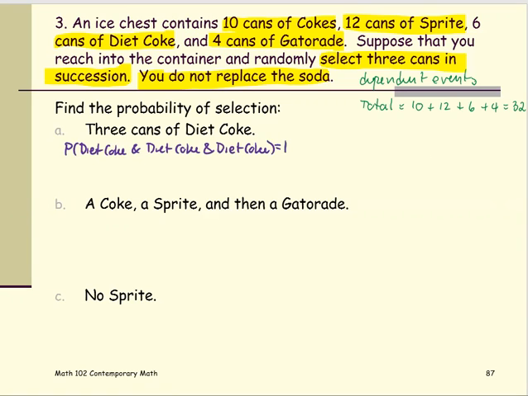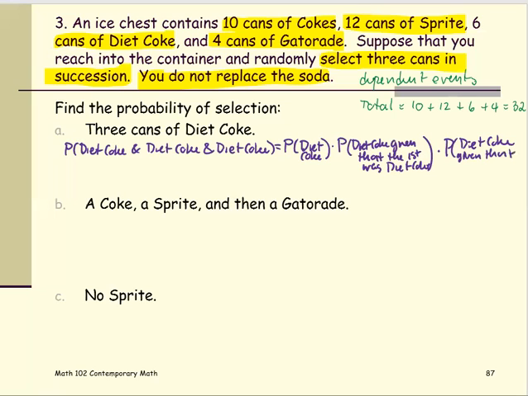We use the probability of getting the Diet Coke first, and then multiply by the probability of getting Diet Coke again, given that the first selection was Diet Coke, and then multiply by the probability of getting another Diet Coke, given that the first and the second were Diet Coke.